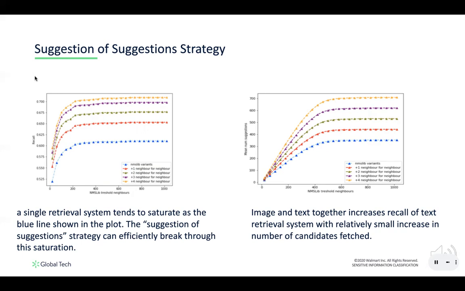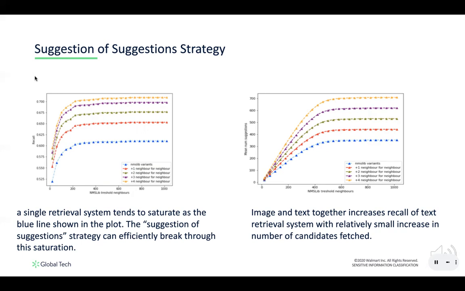Our experiments show that a suggestion of suggestions approach can efficiently break through the saturation. Specifically, each retrieved text-based candidate becomes the reference item for SIR. The top K neighbors retrieved in SIR are added into the candidate set.